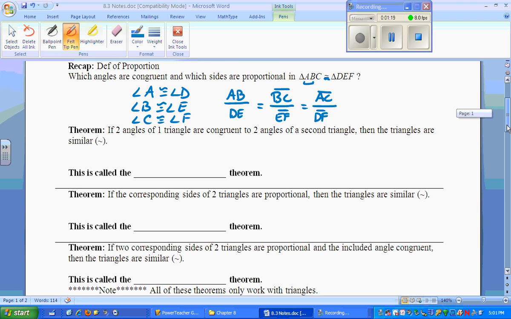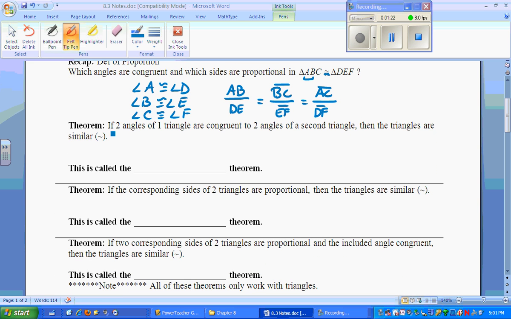So what happens here is this theorem. If two angles of one triangle are congruent to two angles of a second triangle, then the triangles are going to be similar. This should make sense.